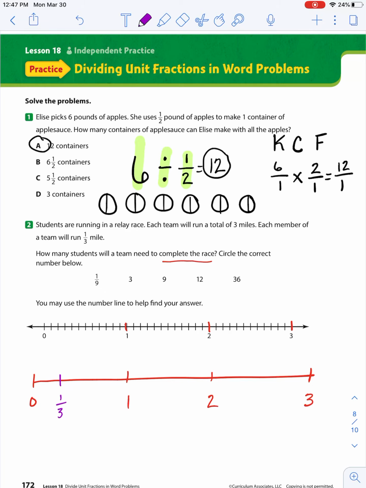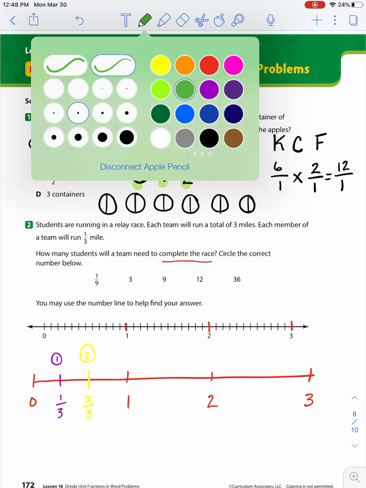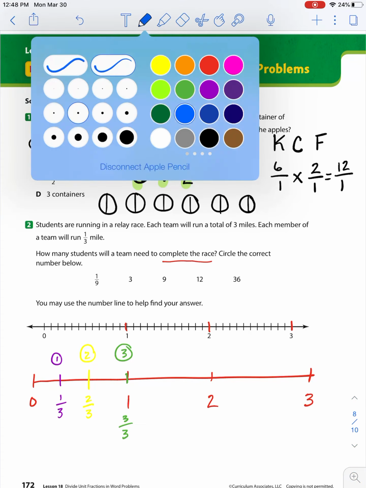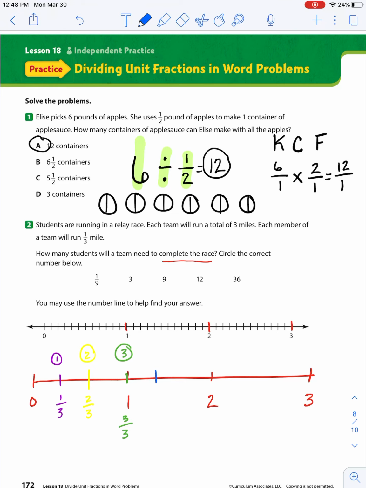So that's one student right there. And then another 1/3 of a mile, 2/3, would be another student. And then another 1/3, 3/3, would be another student. So if I continued this process, 1 and 1/3 makes a 4th student.